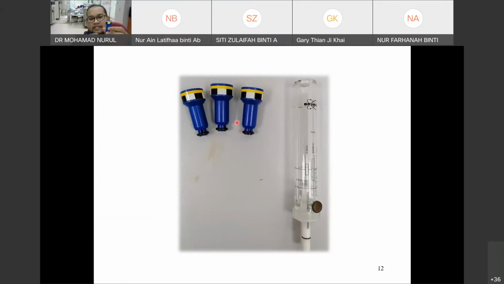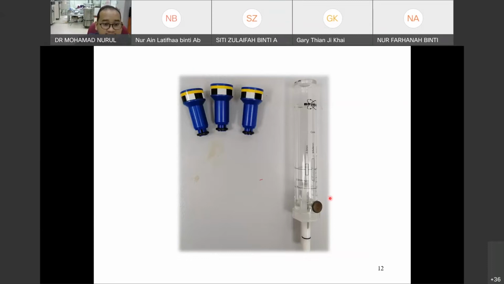The yellow is 1, the black is 0. So when we put the sample inside the probe, it will spin, and the machine calculates how many times it spins by using the 1 and 0 language. That's why the color is black and white.